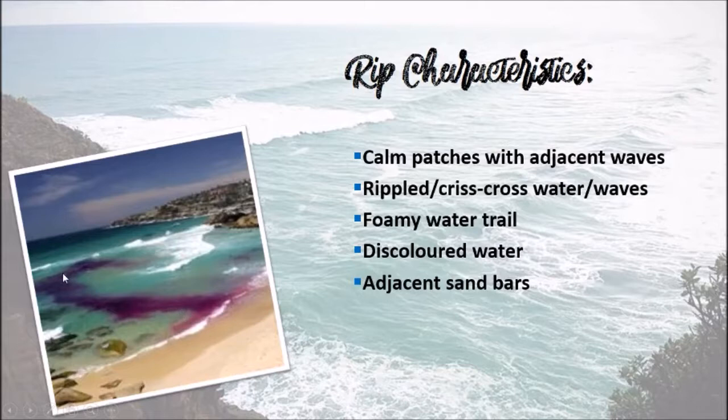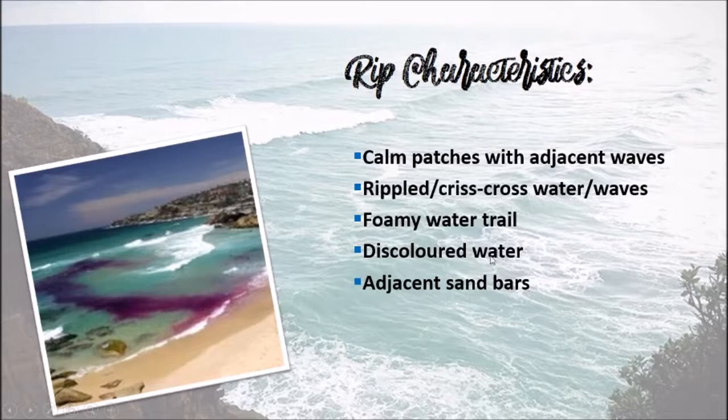So this is nice and calm, but we've got waves coming in over here. Rippled crisscross water or waves, so the waves can't come in straight because they're already being pulled out. A foam water trail, so we might actually see the opposite, where you've got a beautiful clean wave and a gap and another beautiful clean wave, but this whole area where the rip is might be foamy.